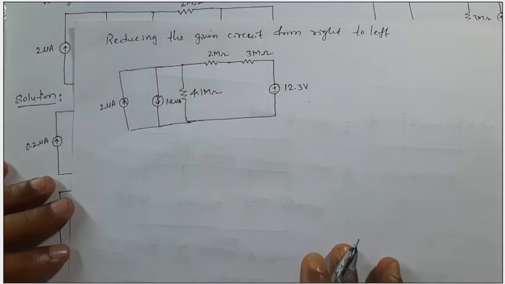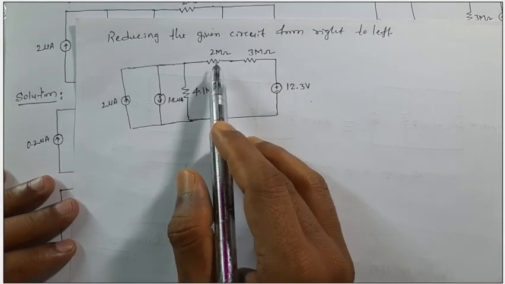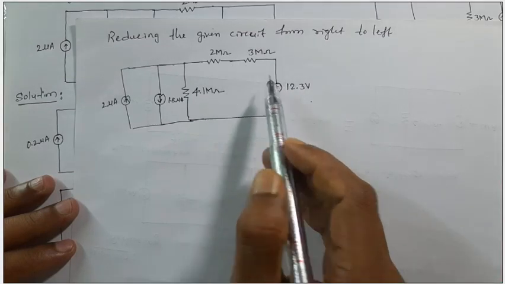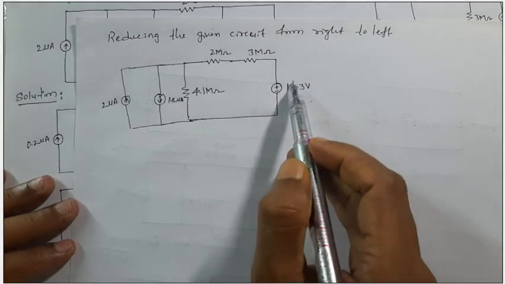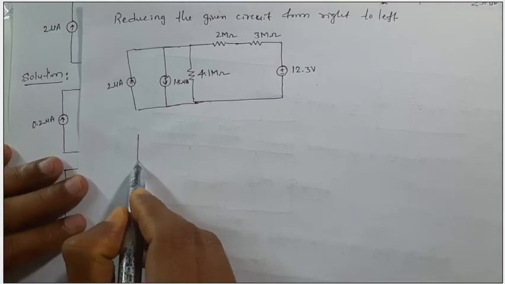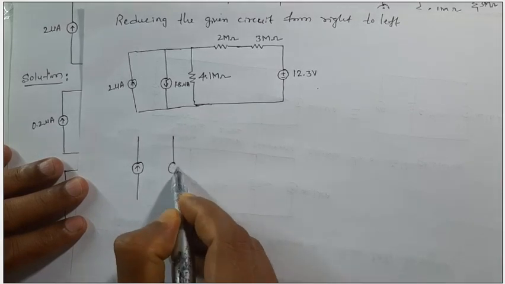Now, dear students, this particular voltage source along with 2 plus 3, which is nothing but 5 mega ohm, is in series. We can convert this voltage source to a current source. Means now what we get is, one current source is here as it is, and another one is here.